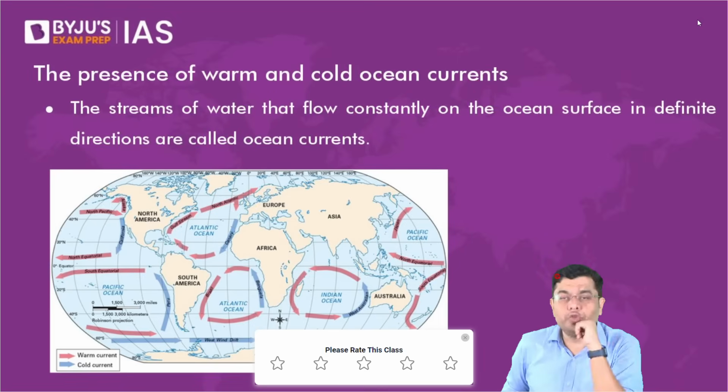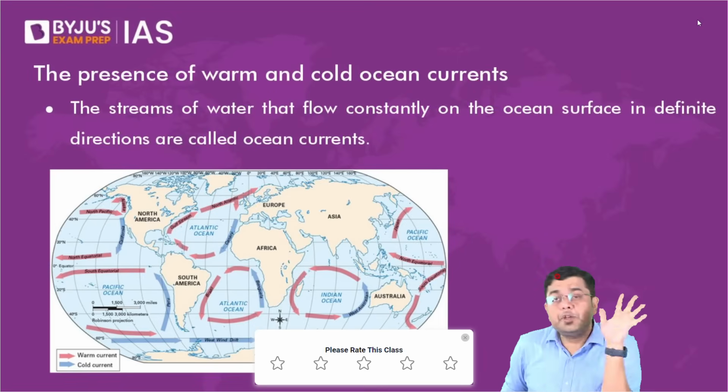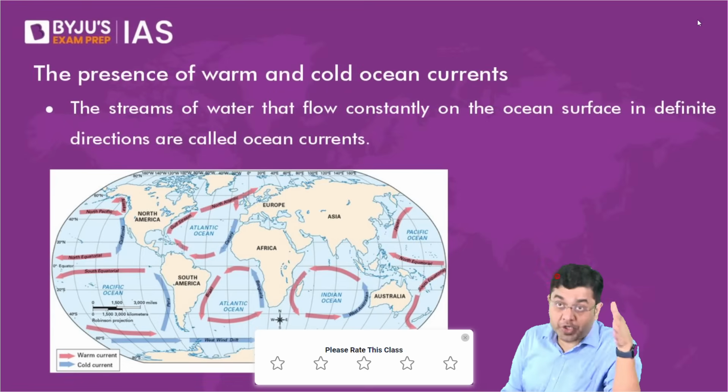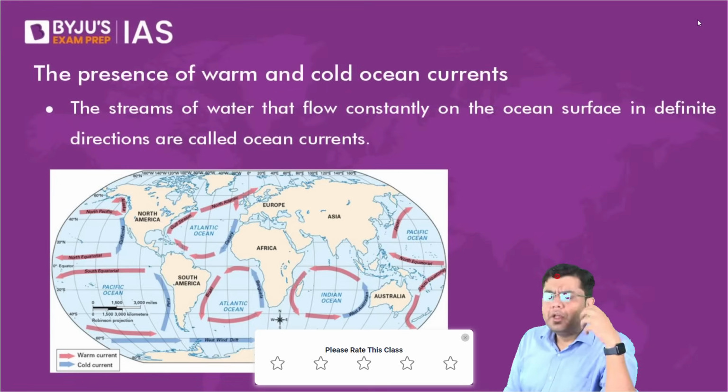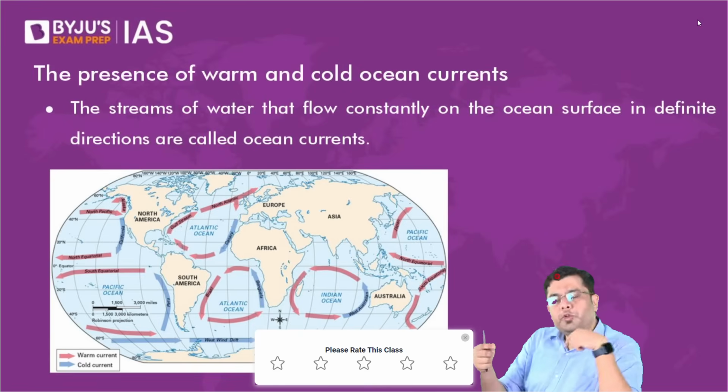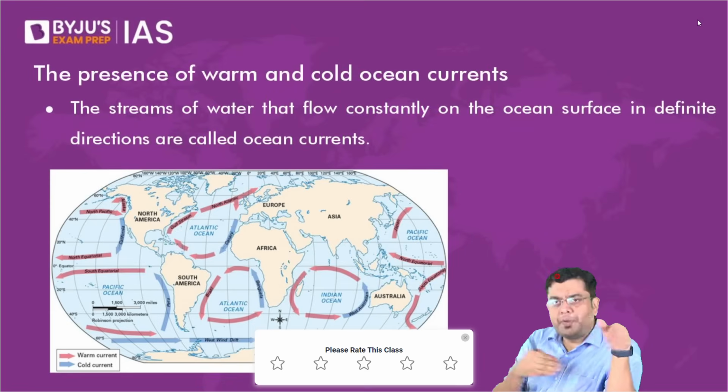Now, when you take a look at the ocean, even though everything appears to be very calm and still, even in the oceans you have a consistent motion of water in a particular direction, and that moves with a significant amount of speed. It is not as if the water is slowly and steadily moving; substantial speed is observed.